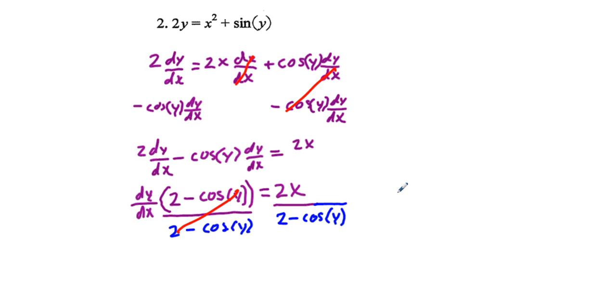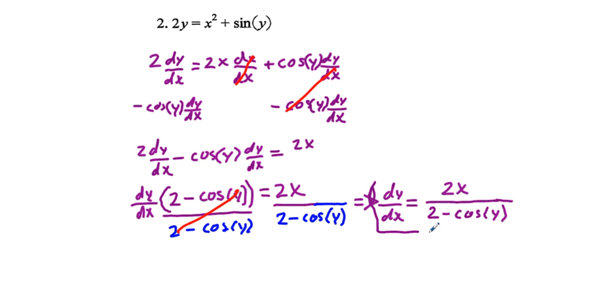Cancellation by division is to equal 1. So as a final answer, we have dy dx is equal to the expression 2x over 2 minus cosine y. So that's our answer. We box it in as correct.